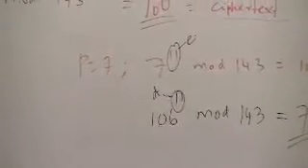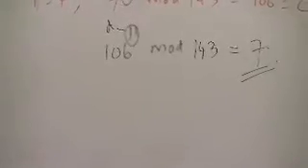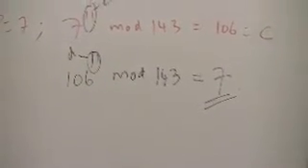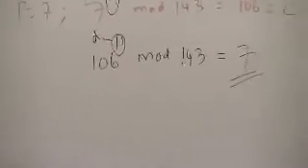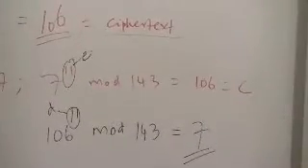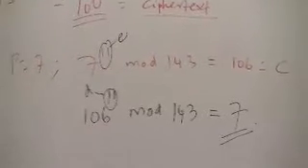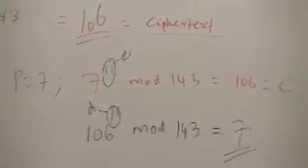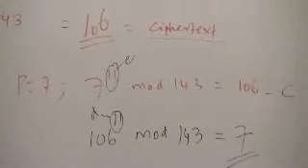So I have that there, so practice it. 7 is the plain text, and 106 is the cipher text. So 11 is both the encryption and decryption key. But in the second example, the encryption and decryption keys differ.